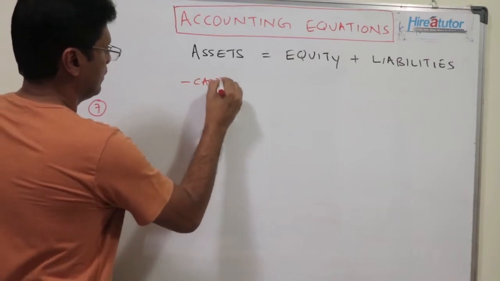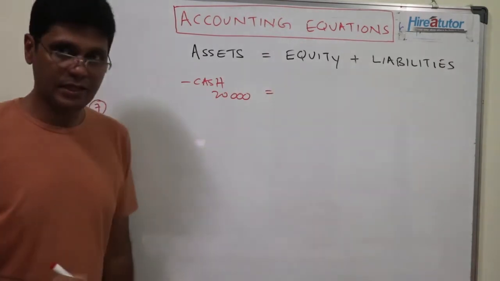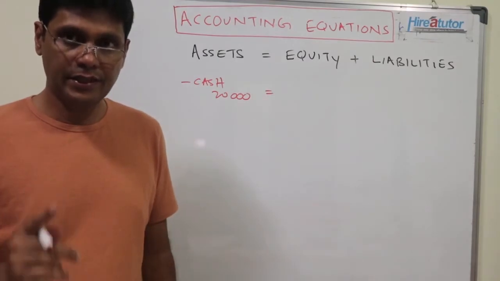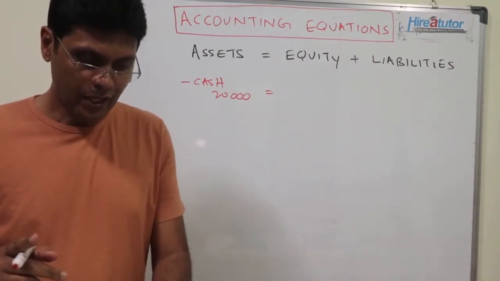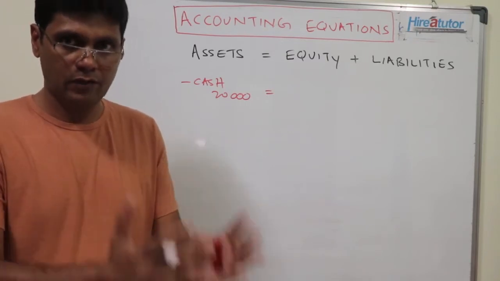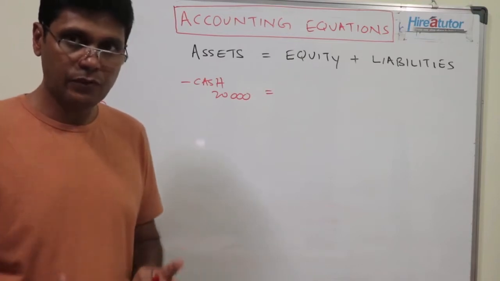by 20,000. Who has taken the cash? The owner. Nehara has taken 20,000. So therefore, the business liability towards the owner will reduce because she has withdrawn cash.